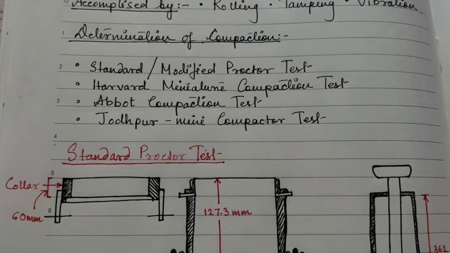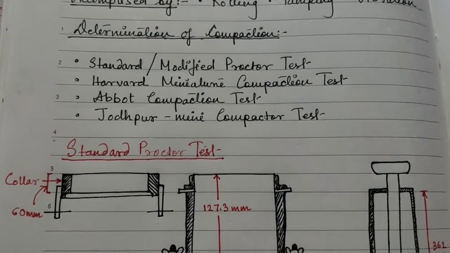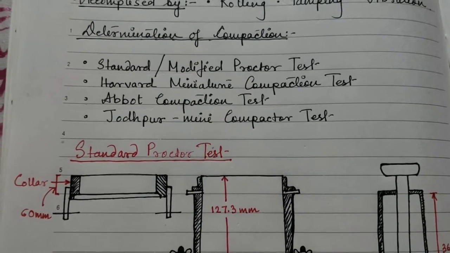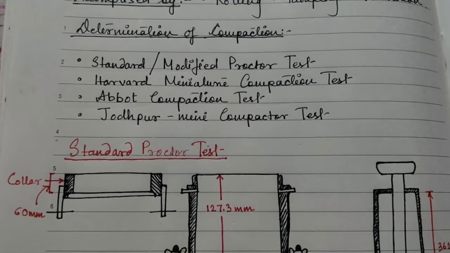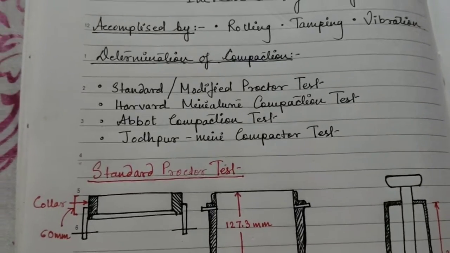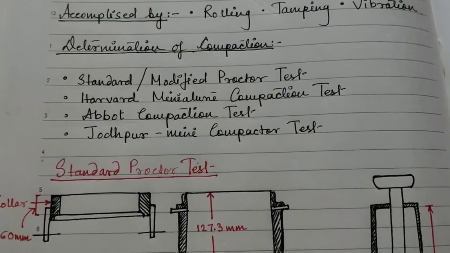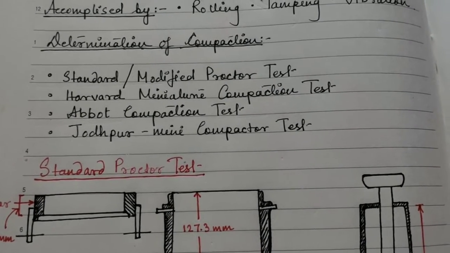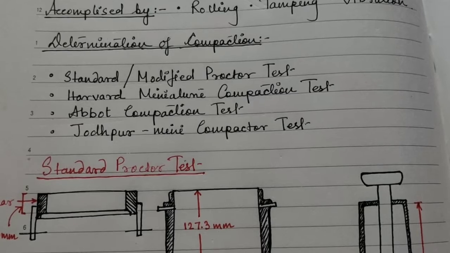Before describing the test, let us go through the factors which mainly govern the compaction or the density. The main factor which governs the density is water.